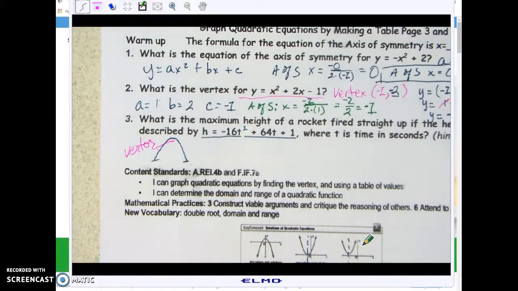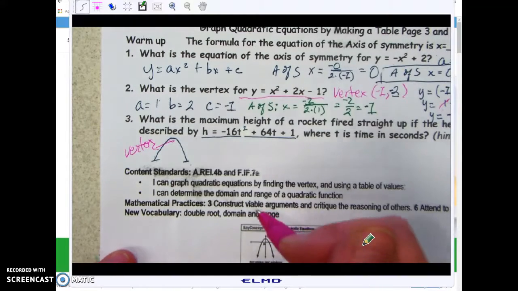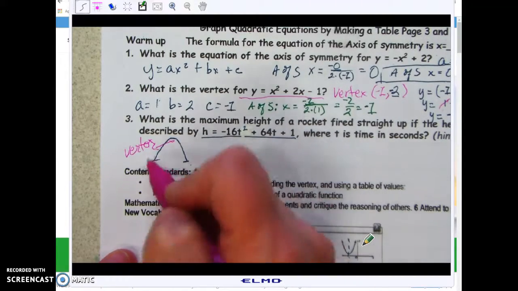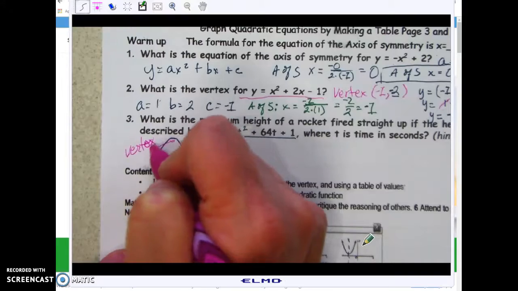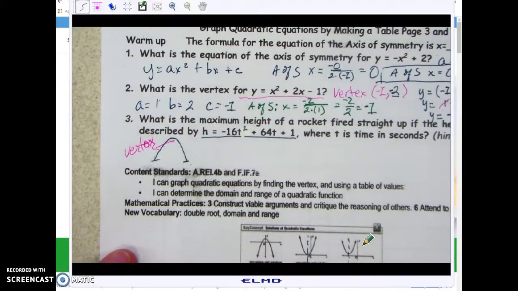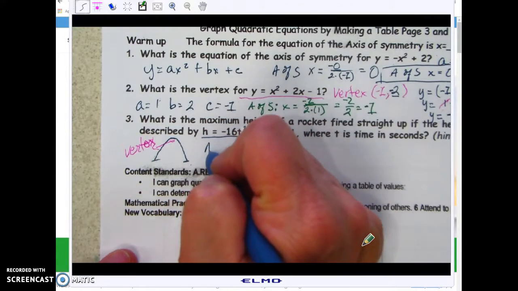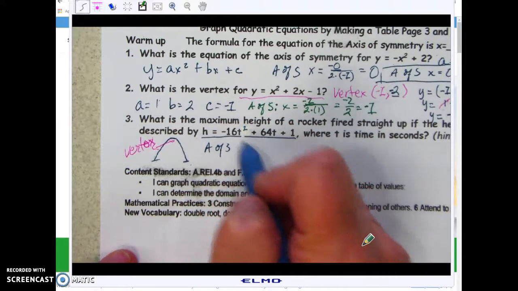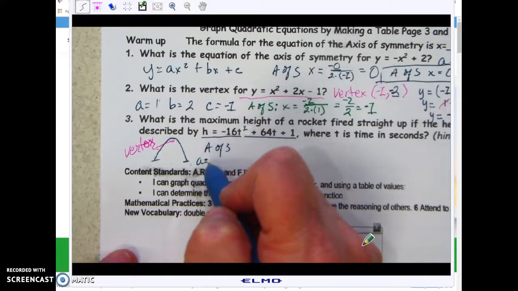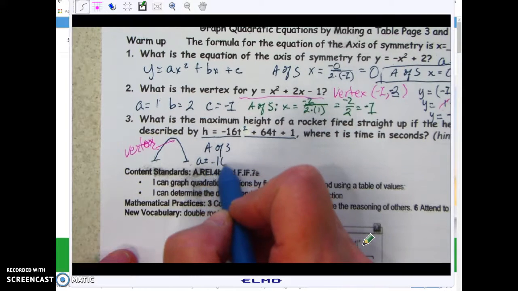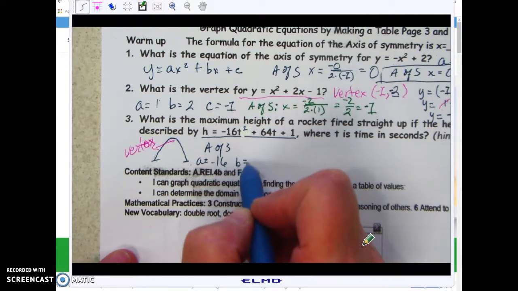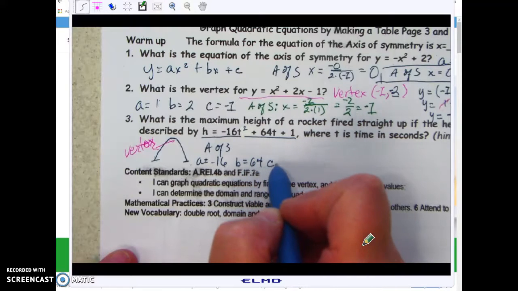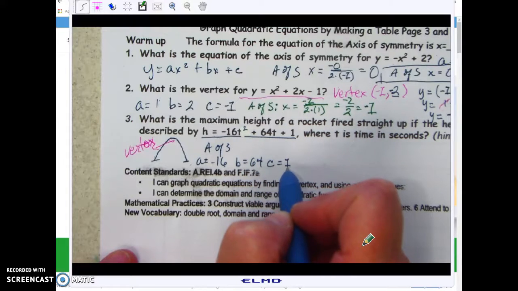So we're just getting the vertex. All right, so first thing, axis of symmetry. A equals negative 16, B equals 64, and C equals 1.